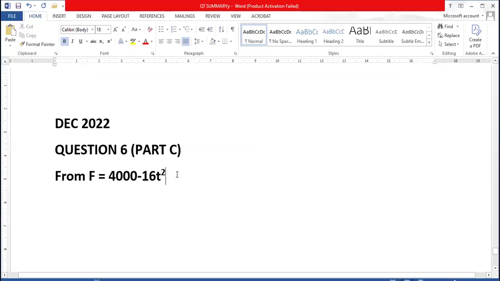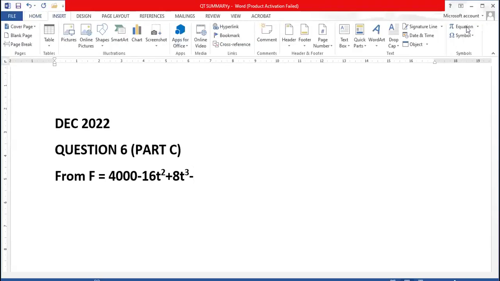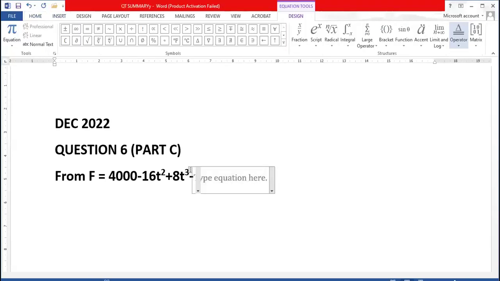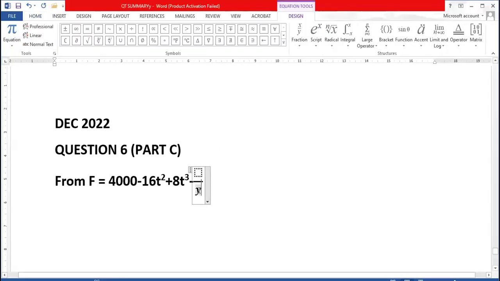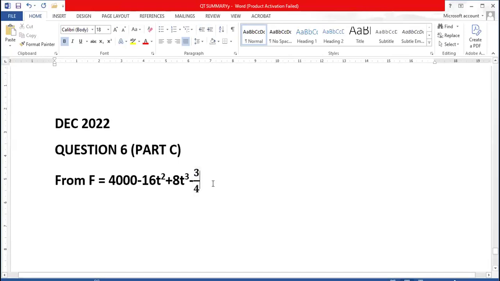Okay, plus 8t cubed, this is power 3, minus 3 out of 4 t to the power 4.